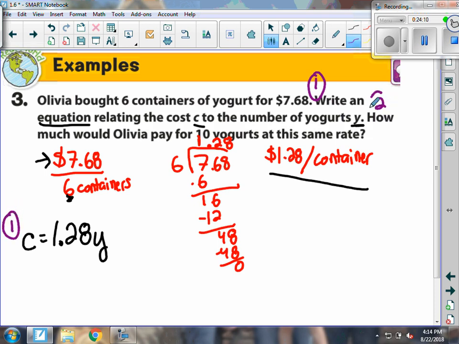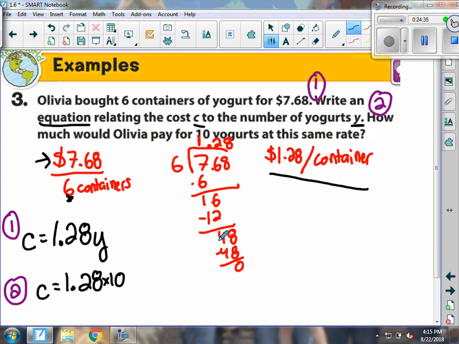The second part is, how much would Olivia pay for 10 yogurts? So what I'm going to do is I'm going to plug in 10 for Y. Because Y represents the number of yogurts we're buying. So 1.28Y, do I just add 10 to the end? No, this is multiplication, so I have to multiply.